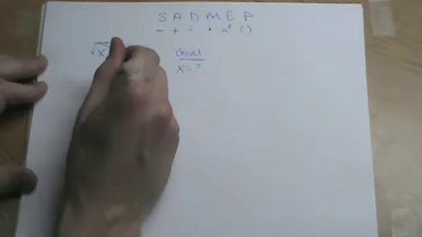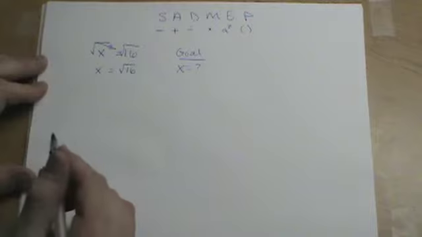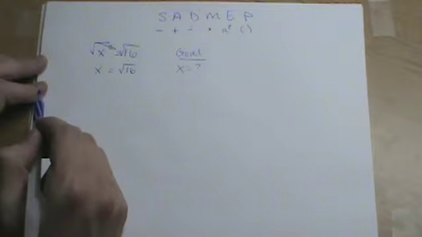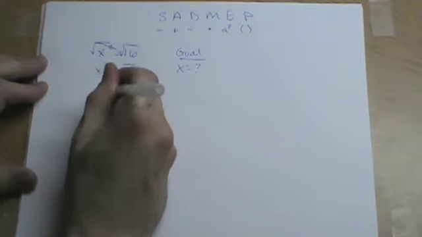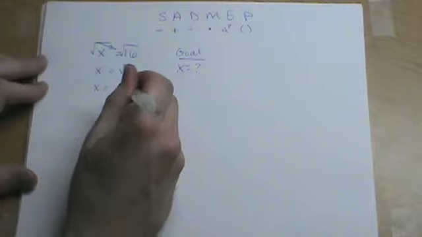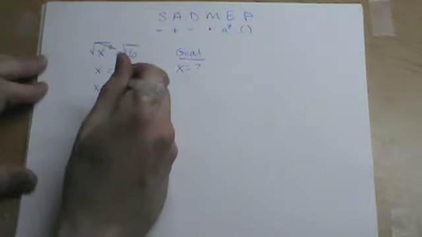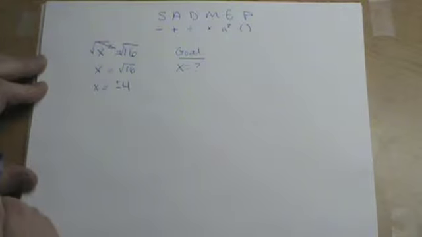So we have x equals the square root of 16. Now this brings back your prior knowledge of our last couple days. How do you find out the square root of 16? Well, thankfully, square root of 16 is a perfect square, so it's going to be 4. However, we're going to do plus or minus 4. So the answer could be plus 4 or the answer could be minus 4.